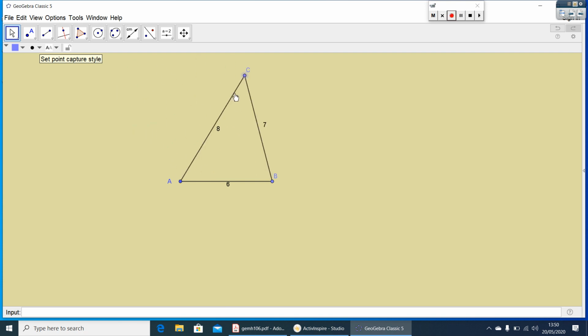Now the minimum: if the length is 2, then it will become a line. It cannot be a triangle. That means 8 minus 6, 2. It should be greater than 2. If it is 2, it cannot be a triangle. Just greater than 2, it forms a triangle. Similarly, if the sum is 14, you will not get a triangle.